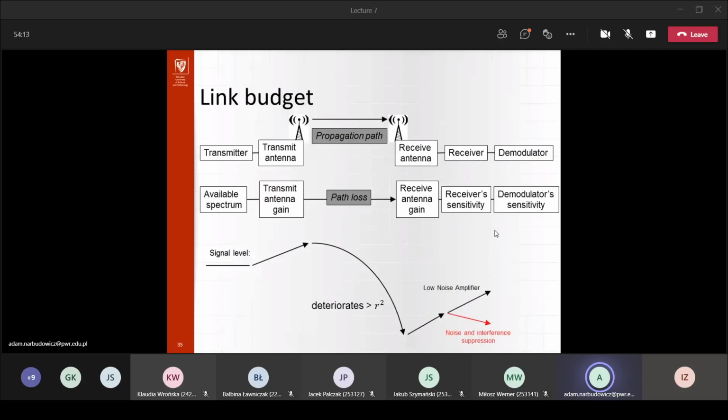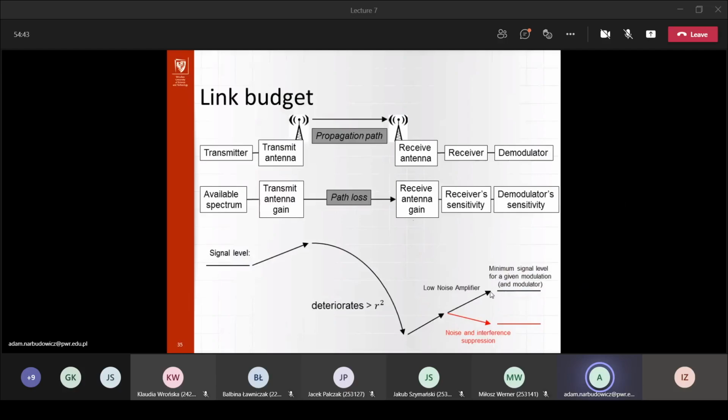Then typically the signal from the receive antenna will go through the low noise amplifier. So the idea here is that it's not always possible, but you typically want to boost your signal with an amplifier.